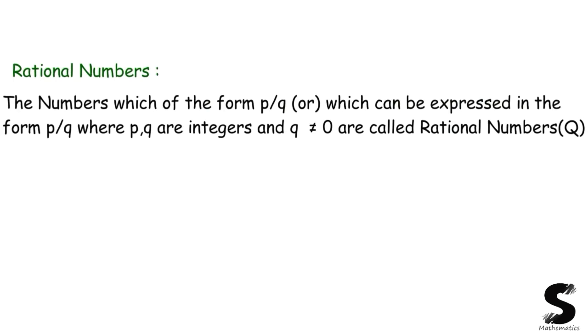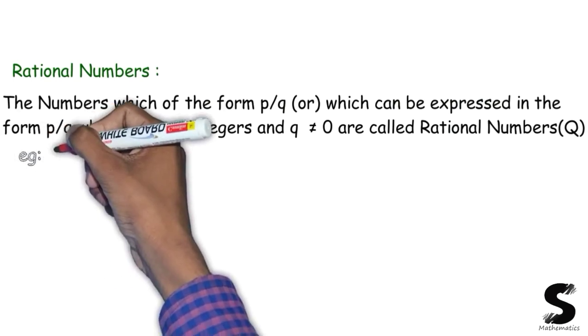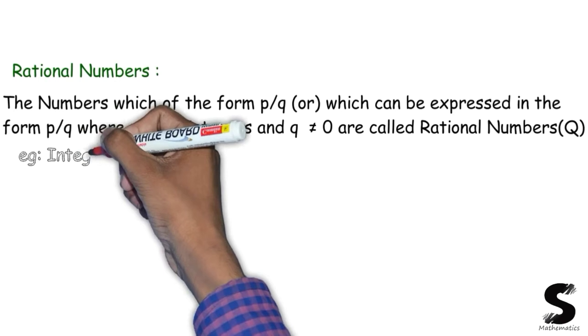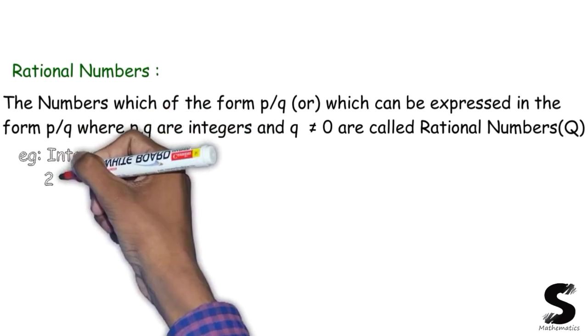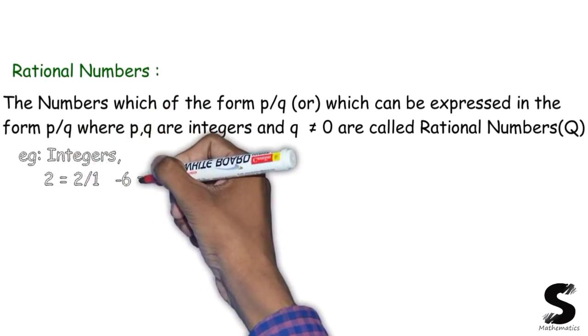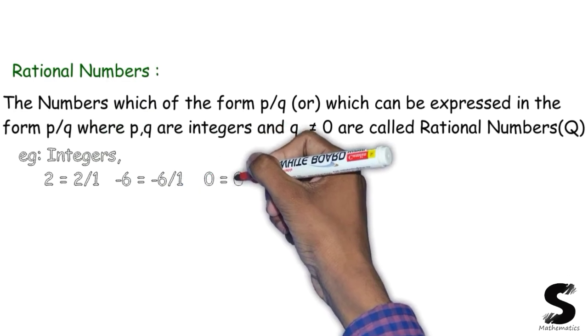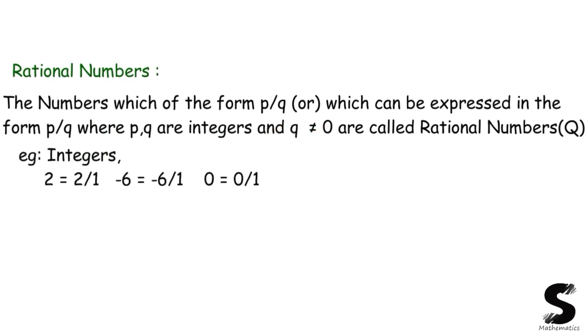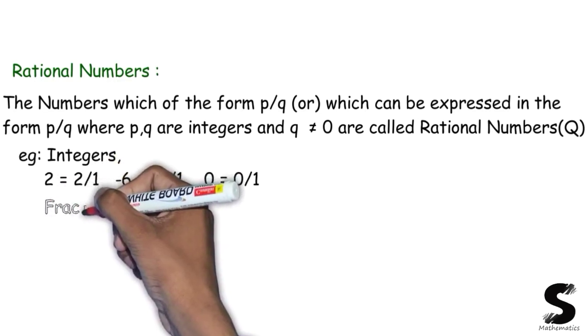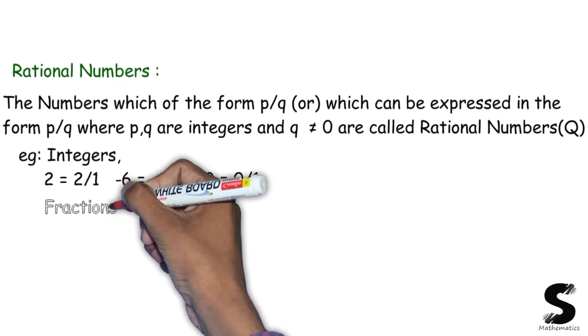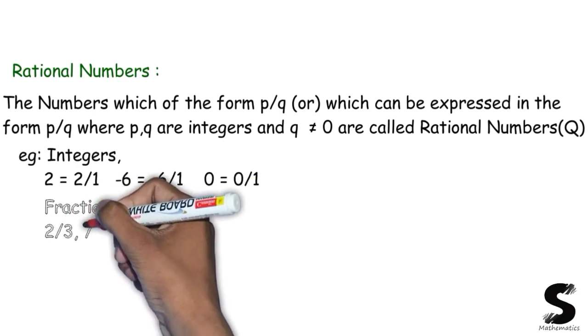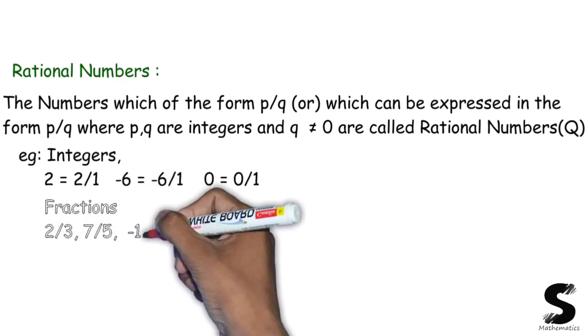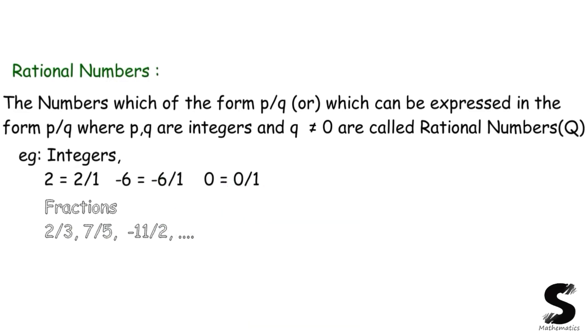Examples of rational numbers: all integers are rational because every integer can be expressed in the form p by q, that is 2 can be expressed as 2 by 1, or 0 equal to 0 by 1. Fractions are also rational numbers because they are in the form p by q only. Example 2 by 3, 7 by 5, and a negative fraction like minus 11 by 2 and so on.